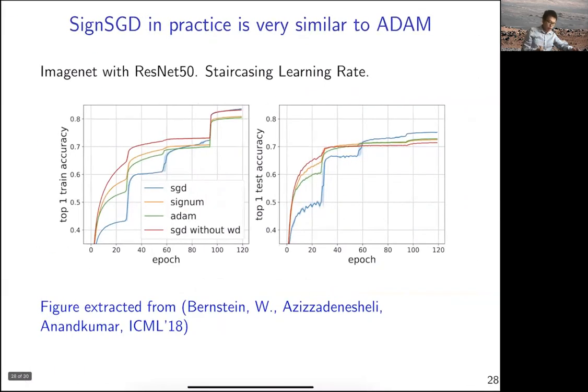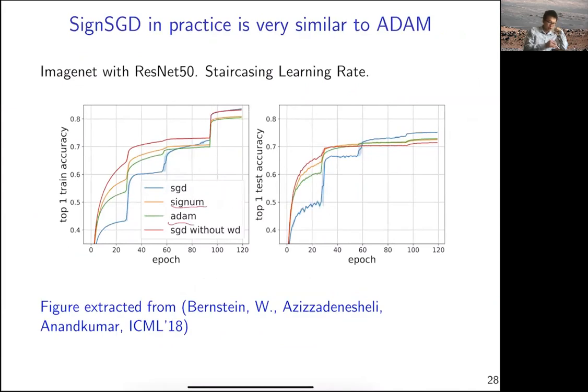Okay, so in practice, when we compare signSGD with momentum, which is called Signum, with Adam, we see that virtually the shapes of their optimization learning curves have no differences.